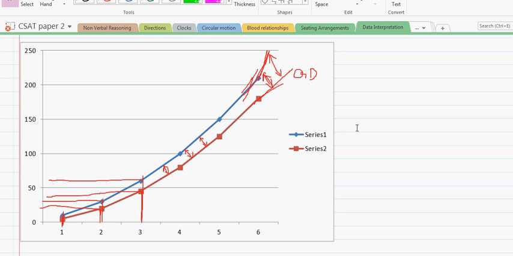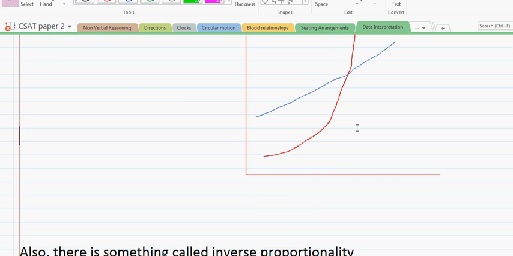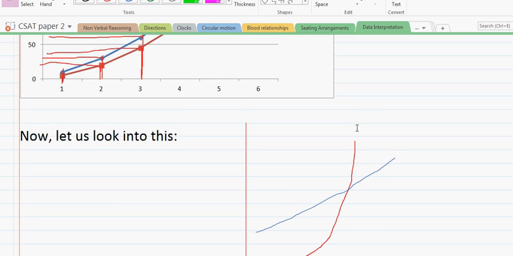There are questions in your UPSC or in various exams where they ask what is direct proportionality, or they would draw a graph of direct proportionality and ask you what is meant by this graph, right? So this is direct proportionality. Now look at this.